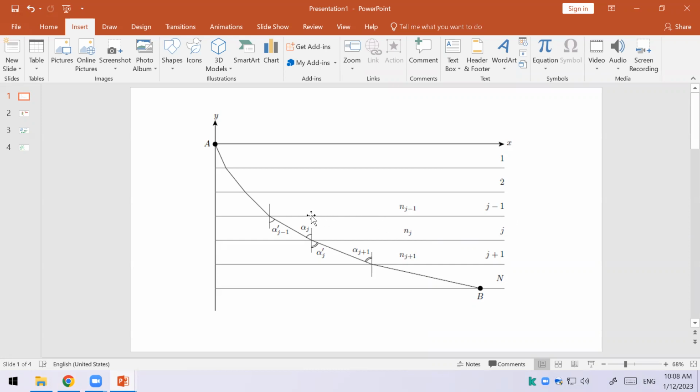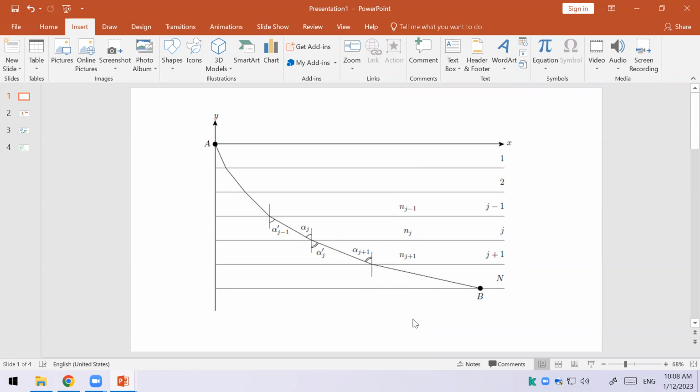Then you know that you just need to consider layer by layer. For example, when the light is propagating from the J layer to the J+1 layer, this propagation should not really depend on the refractive index of any other layer.